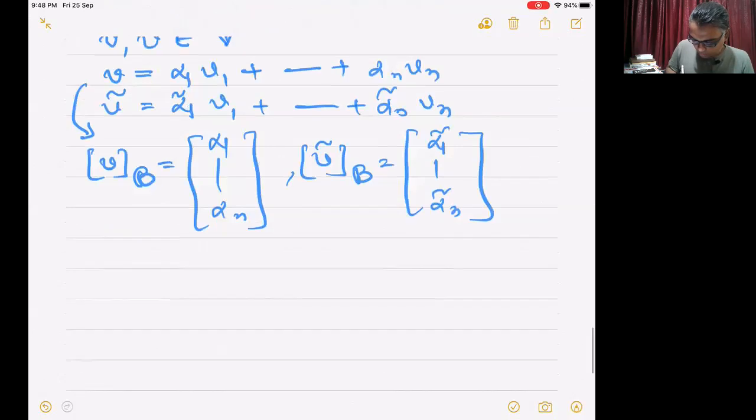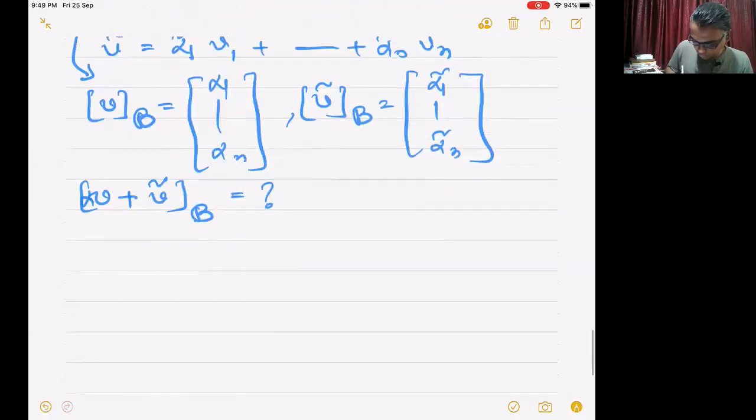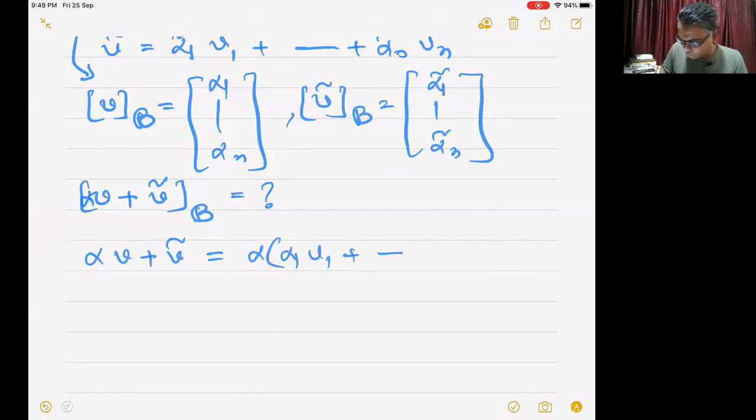Of course, if I now look at alpha v plus v tilde, where alpha can be a scalar, first I need to notice that alpha v plus v tilde can be written as alpha times (alpha 1 v1 plus ... plus alpha n vn) plus alpha 1 tilde v1 plus ... plus alpha n tilde vn.